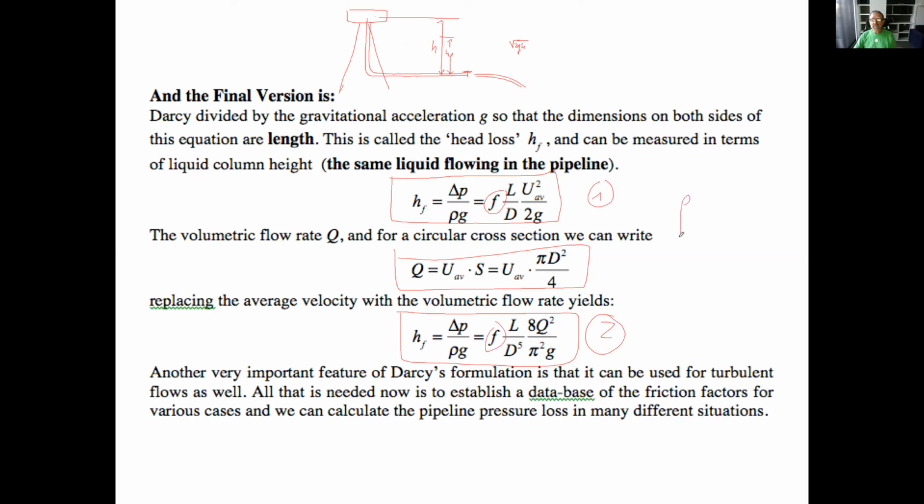So f, as we mentioned before, is 64 over Reynolds. But this is only true for laminar flow and for Reynolds less than 2000. What happens at higher Reynolds numbers?